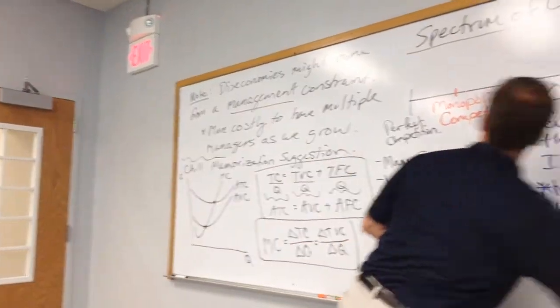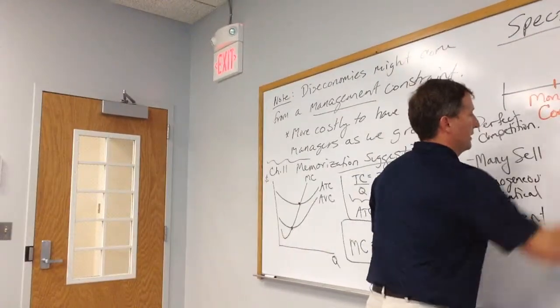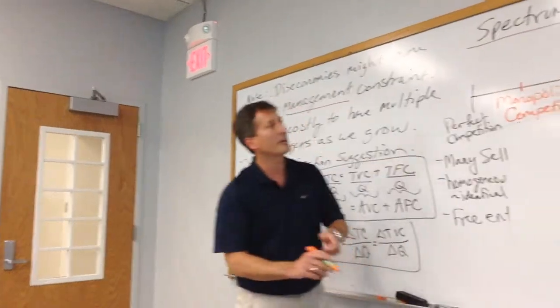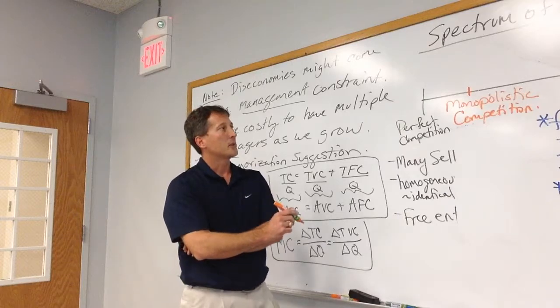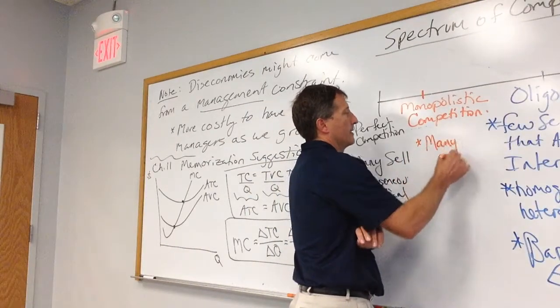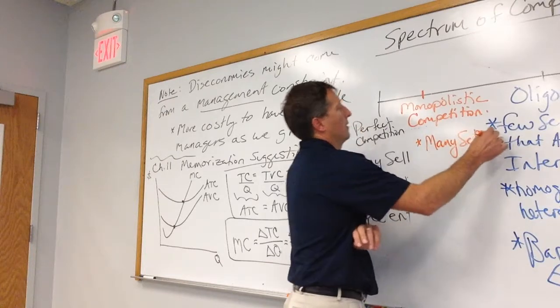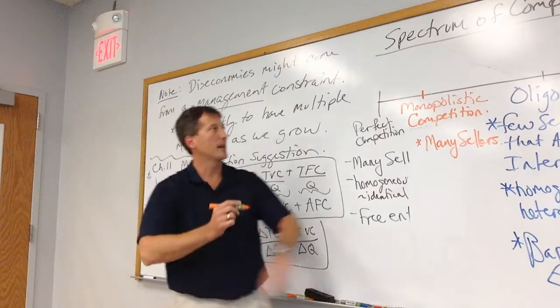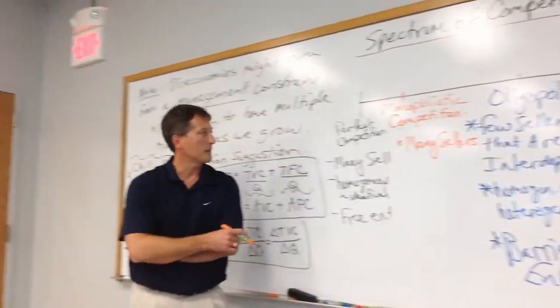I'm just going to erase a little bit of what I have here to squeeze it in, since I don't have room to draw this down and I don't want to go over there. So with monopolistic competition, we have many sellers. So there's lots of sellers. That's not a problem.